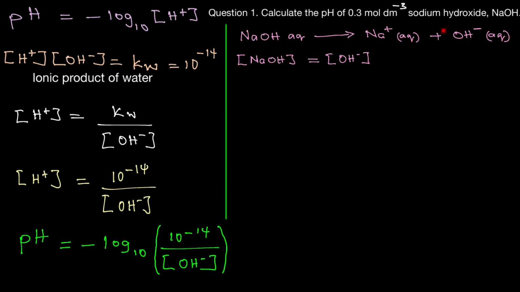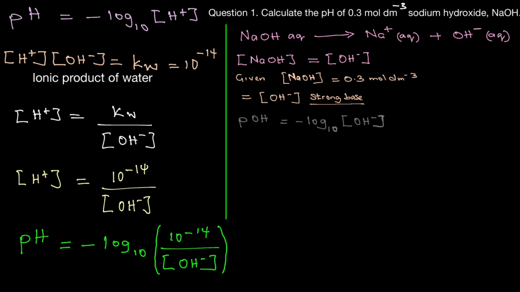The concentration of sodium hydroxide will be equal to the concentration of OH minus ion, because all the sodium hydroxide has turned into sodium plus and OH minus, and that equals the concentration of OH minus because it's a strong base.